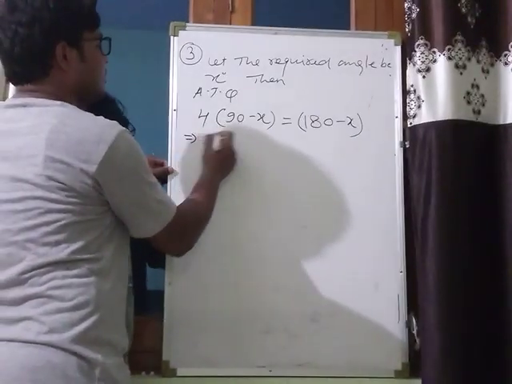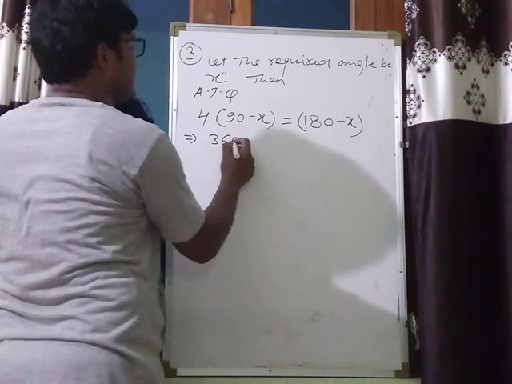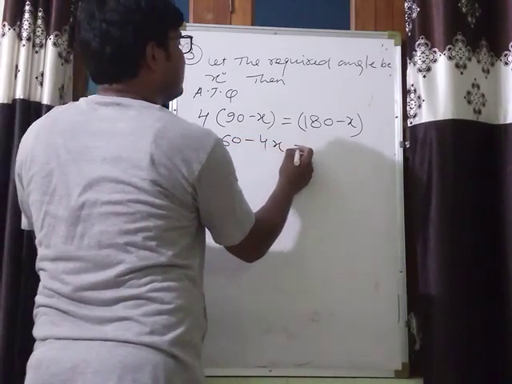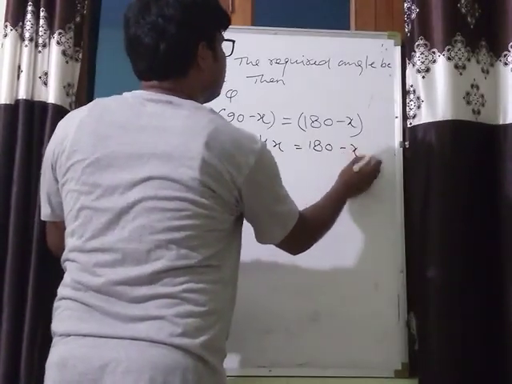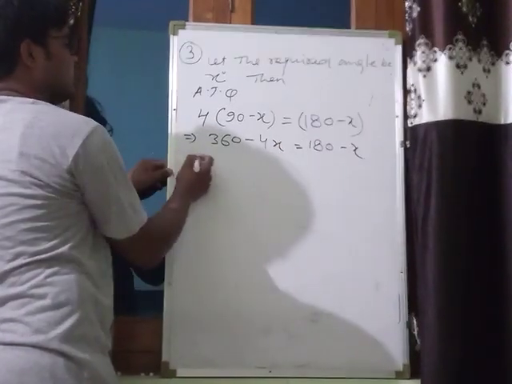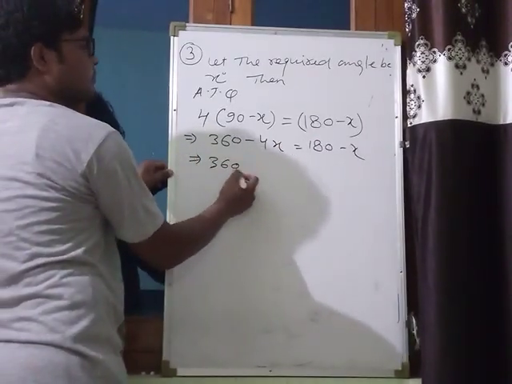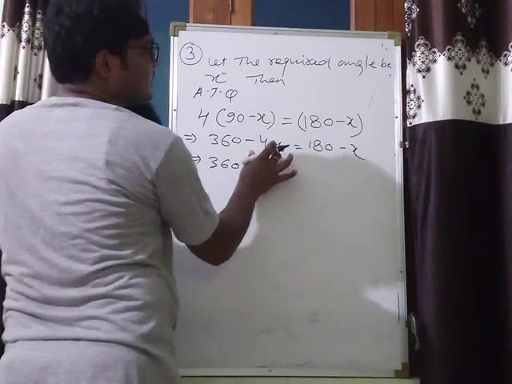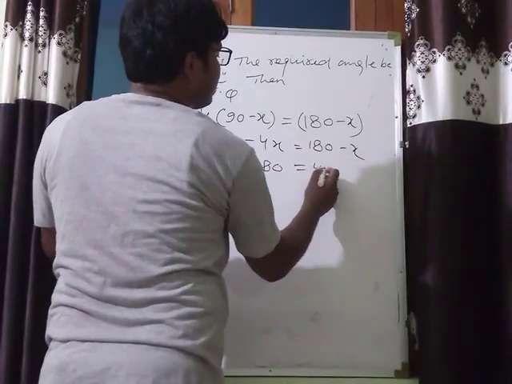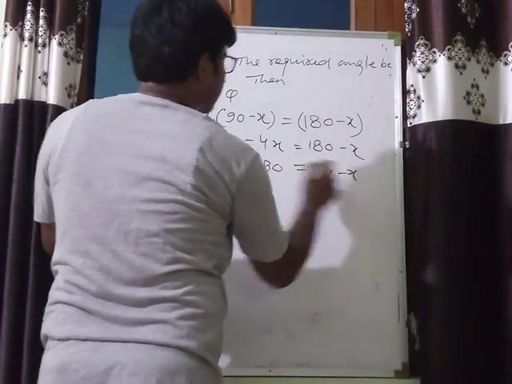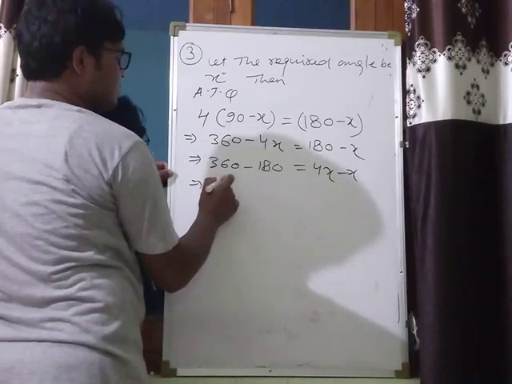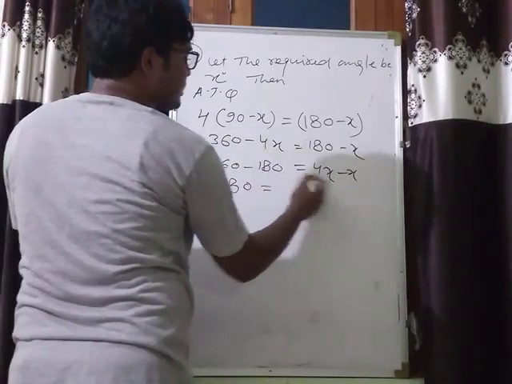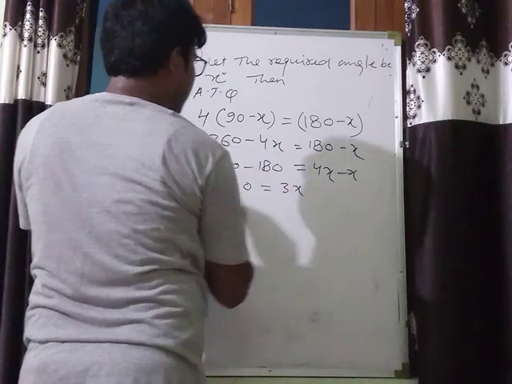So it will be 360 minus 4x is equal to 180 minus x. So transfer this 180 to the left side, that will be 360 minus 180, and transfer this minus 4x to the right side, that is 4x, and this is minus x. So we have 180 is equal to 4x minus x, that is 3x.